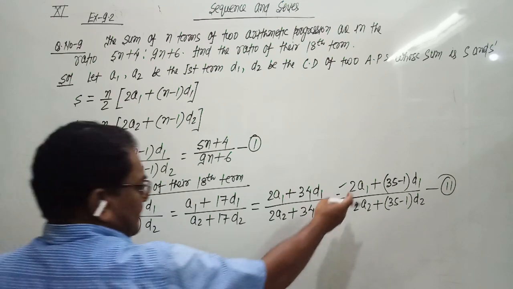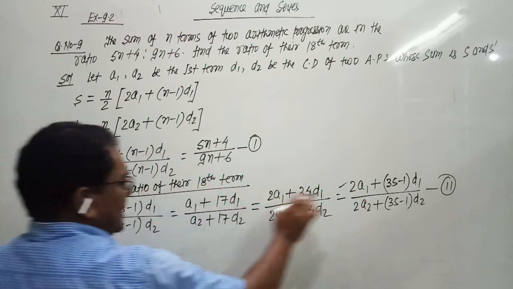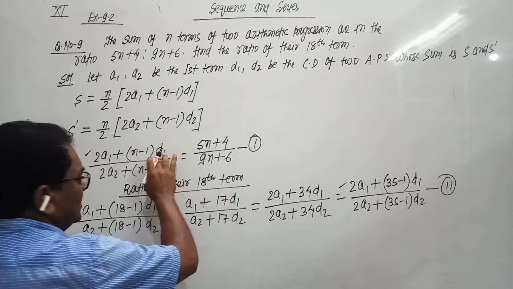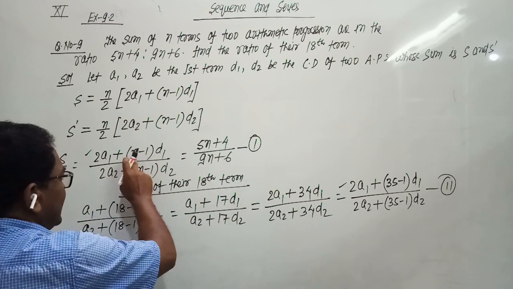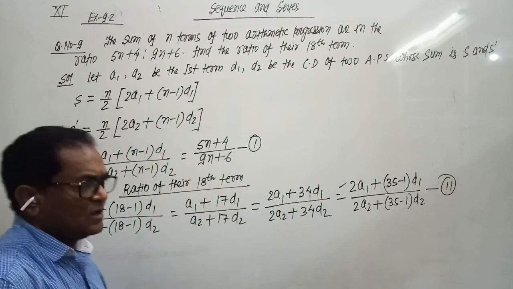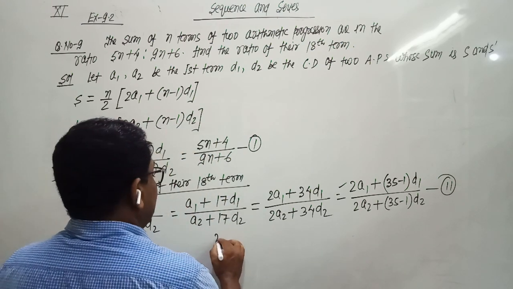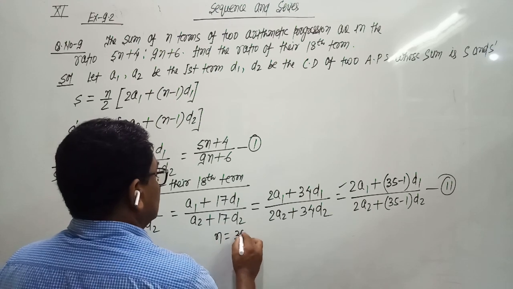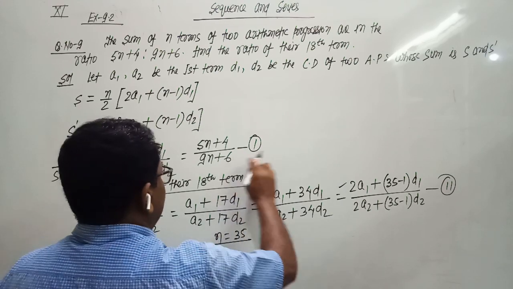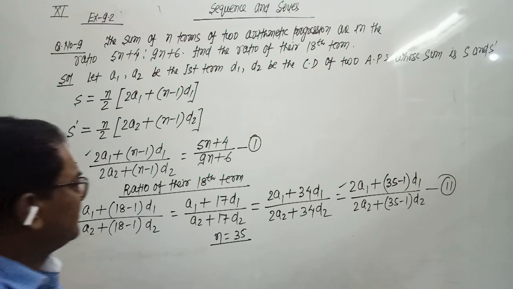Now we compare: at the place of D1 both have D1, and at the place of n there is 35. So we get the value of n equals 35 by comparing the first and second.